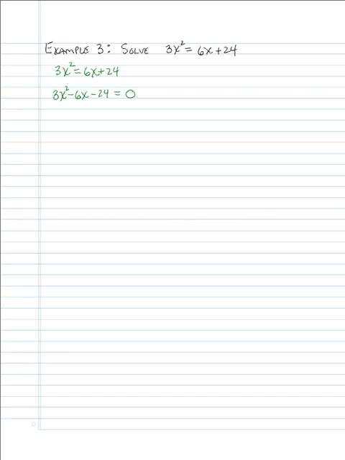Now, typically, unfortunately, we teach the next step, and so let me come over here and point this out. The next step we normally teach is that we look at that left side and we think about factoring it, but in this case we notice that there's a 3 that is a common factor with the 3x squared and the 6x and the 24.